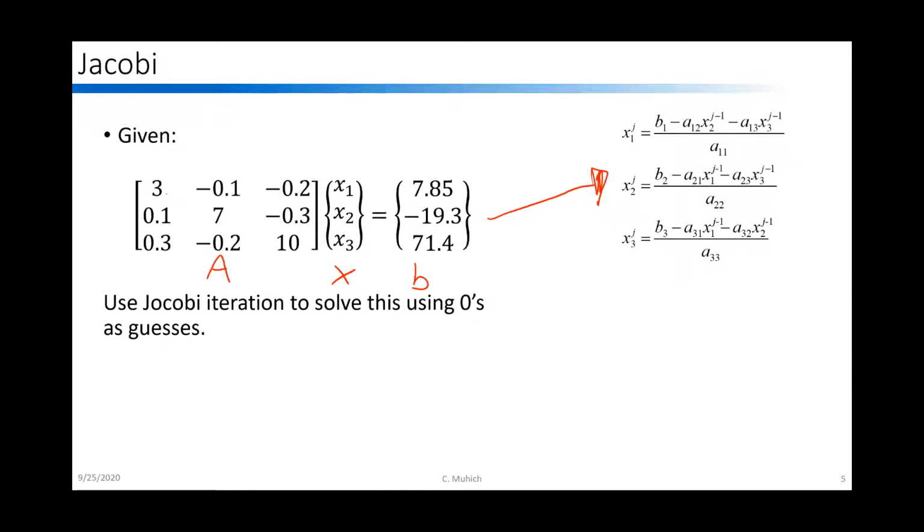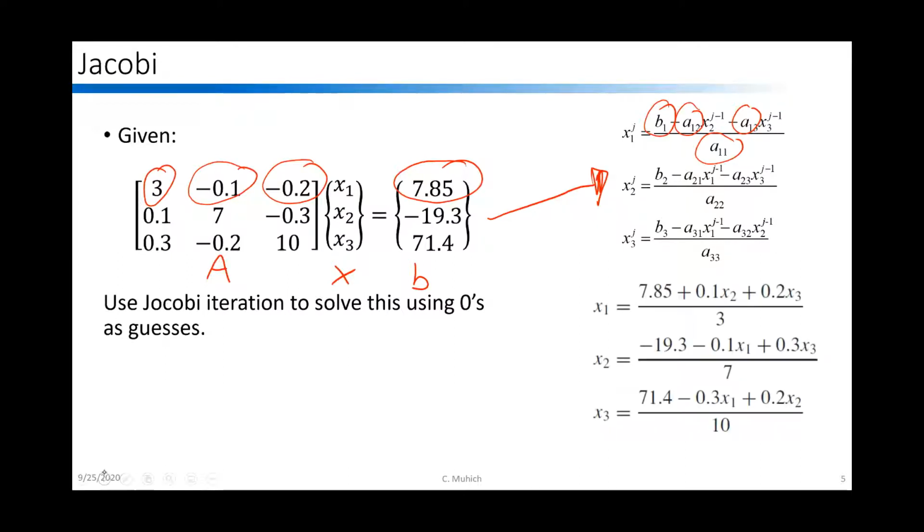I can do that by taking the various elements, so 3 for a11, 7.85 for b1, negative 0.1 for a12, and negative 0.2 for a13. And I can convert this generic equation into an equation for x1. And I can do the same thing for x2 and x3.